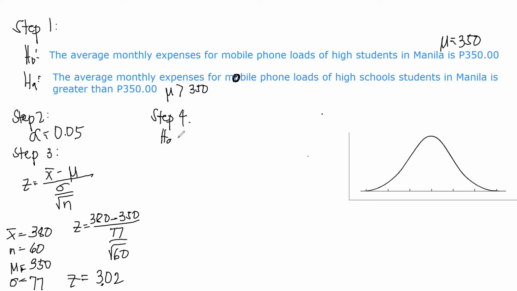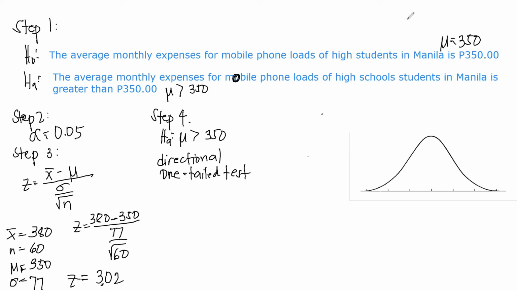So we all know that our HA, or the alternative hypothesis, has a mathematical sentence of mu is greater than 350. Since we are using greater than instead of not equal symbol, it is directional. And if it's directional, it is a one-tailed test.